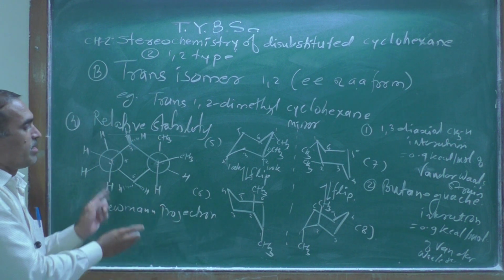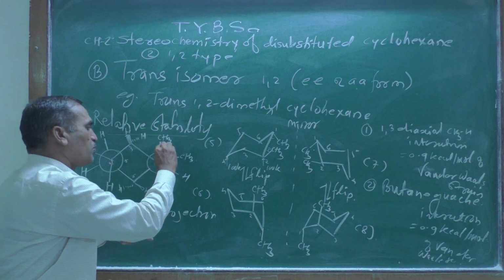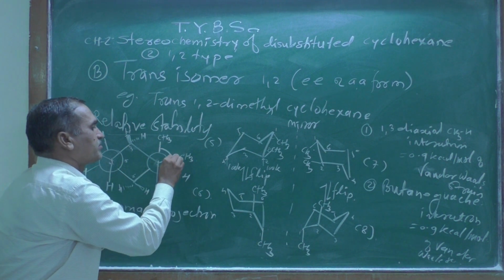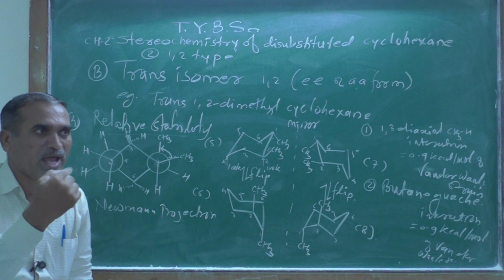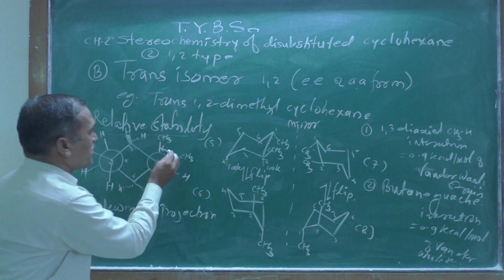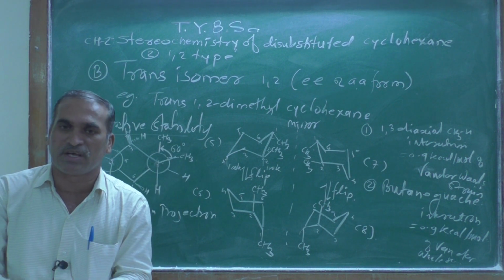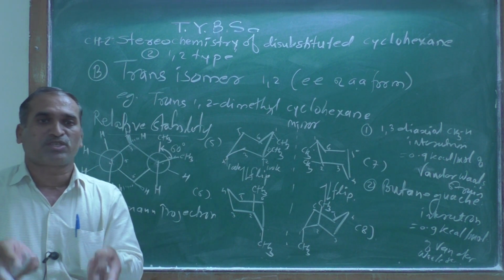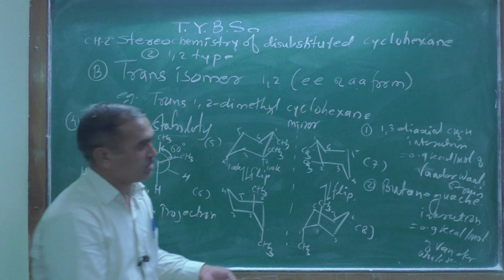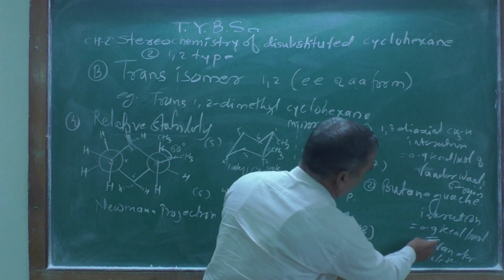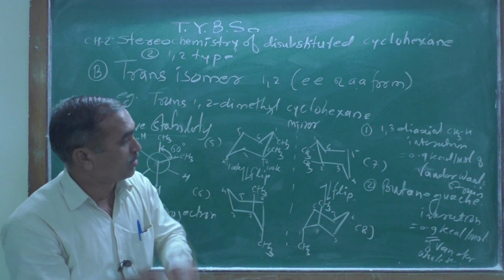According to that, now look at here, this methyl group and this methyl group, the bond angle between them is found to be 60 degrees. And if 60 degrees is there, that type of conformation is known as a gauche conformation. Butane gauche conformation has 0.9 kilocalorie per mole.